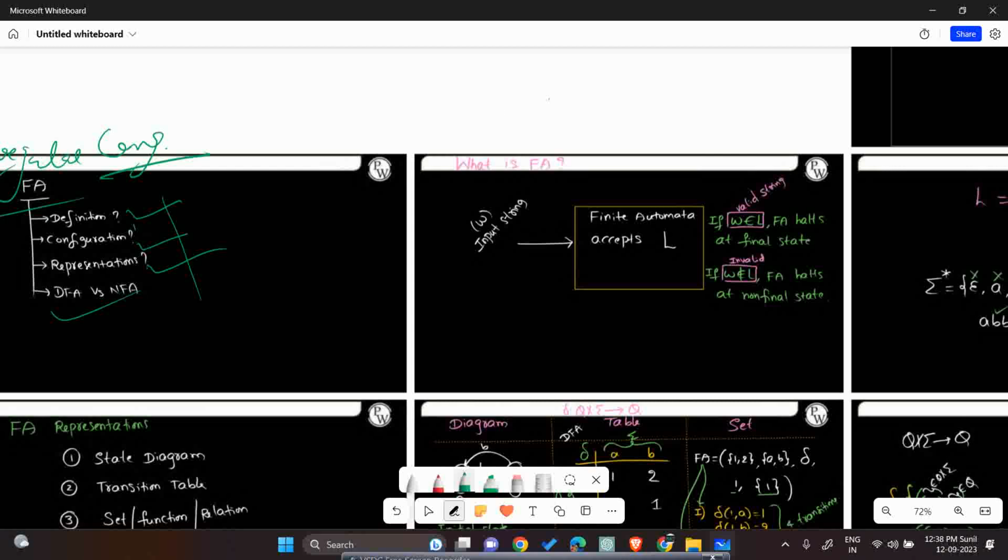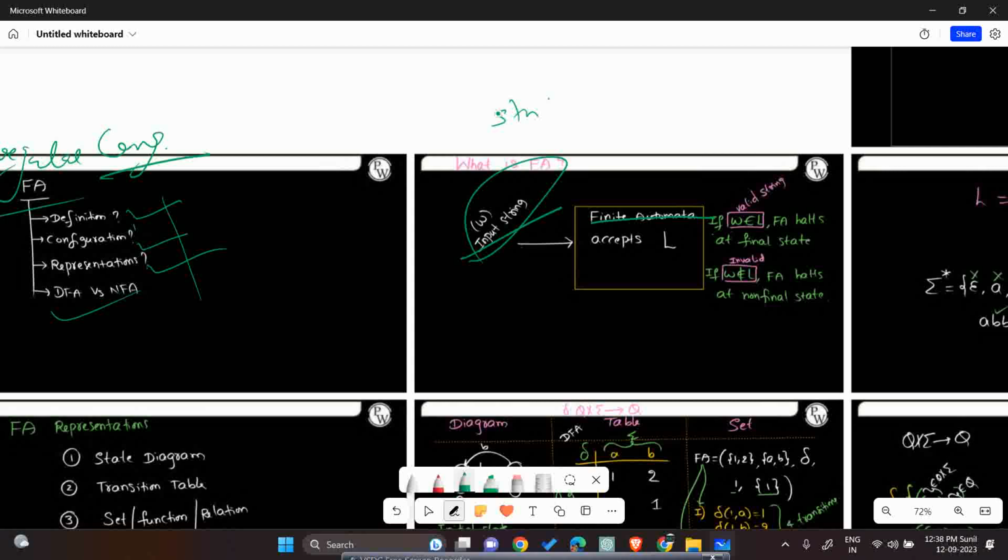A finite automata machine, we can say, is this machine. It takes a string as input, input string, and finite automata will accept this string if the string belongs to the language.